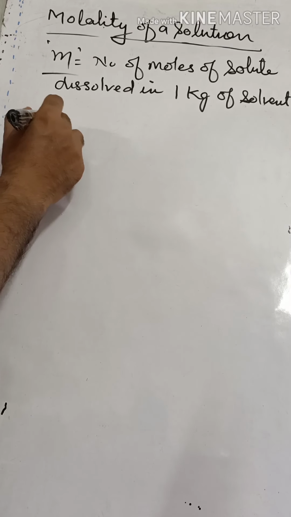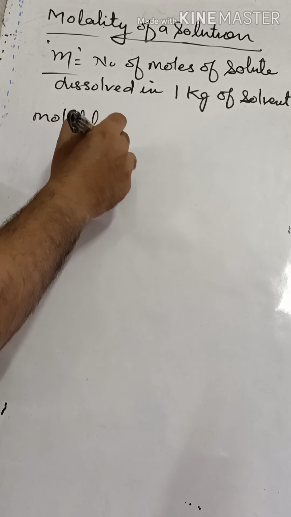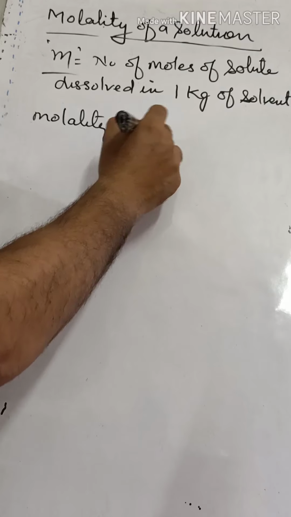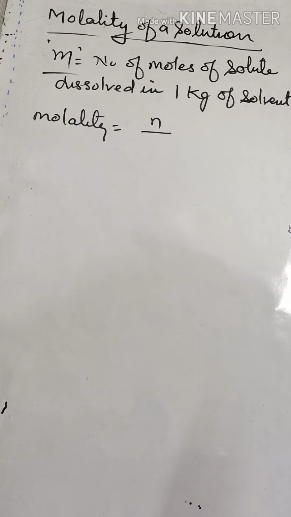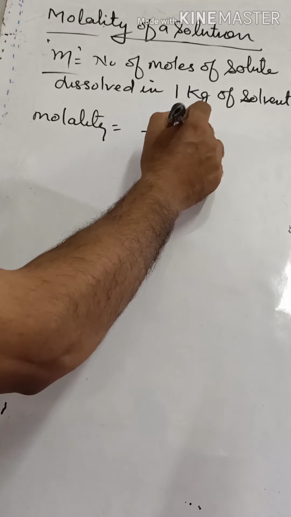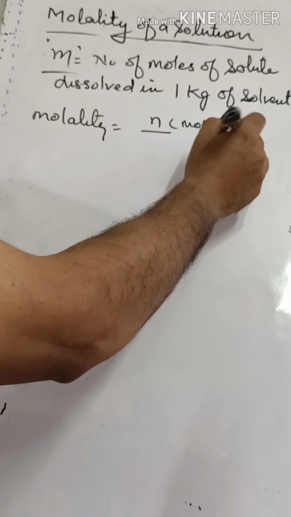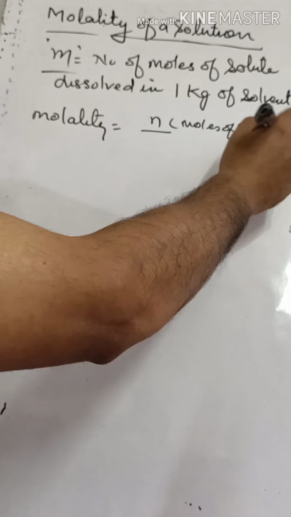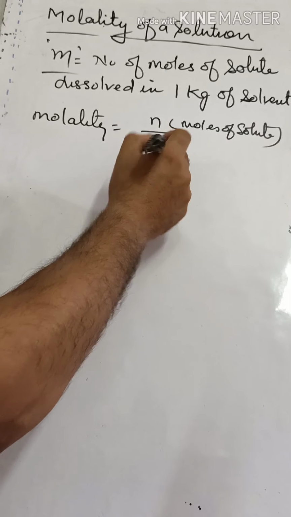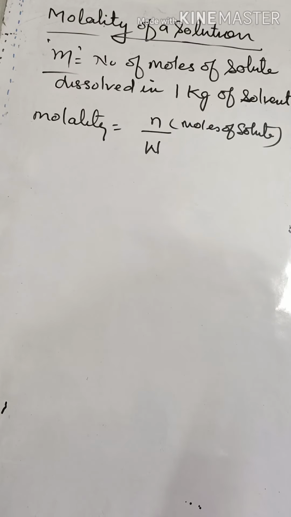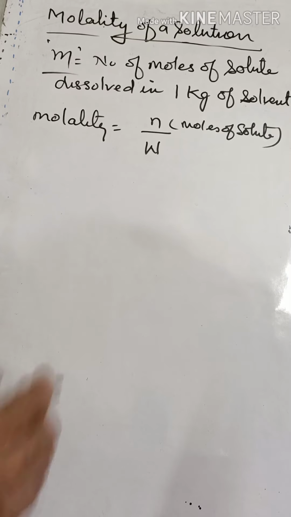So molality is equal to number of moles of solute. Suppose n is the number of moles of solute, and capital W is the amount of solvent in kg.